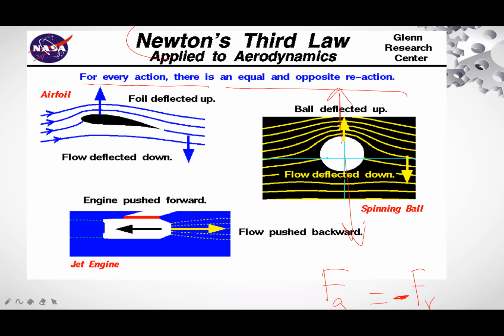Action and reaction: the airfoil exerts an upward force, the foil is deflected up, the flow is deflected downward. The engine pushes forward, the flow is pushed backward. If the engine is moving the object in this direction, the resistive forces will be in the opposite direction.